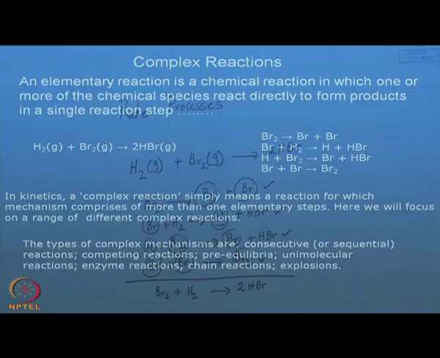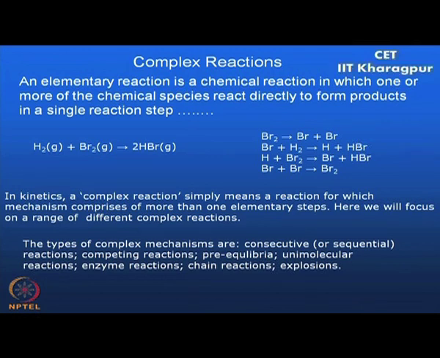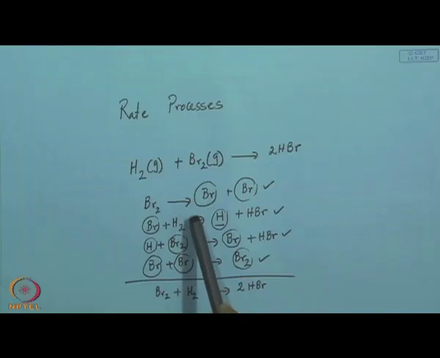Here we will focus on a range of different complex reactions. Basically, if there is more than one elementary step, we can call that reaction a complex reaction. That is, the reaction is not a simple reaction; its mechanism is not simple.